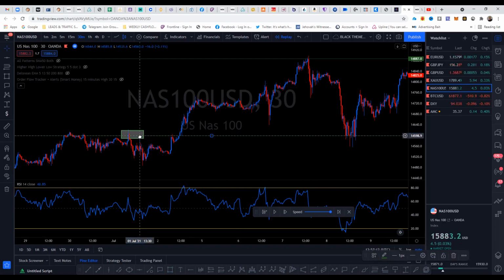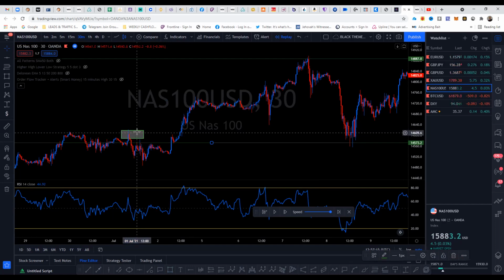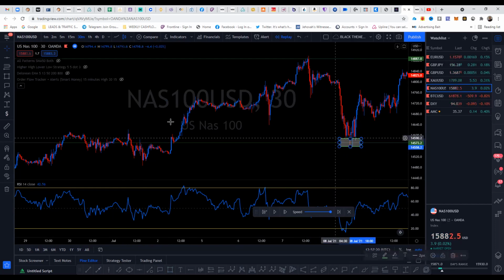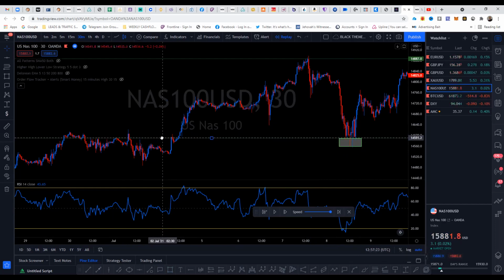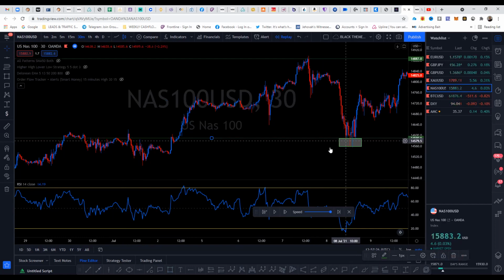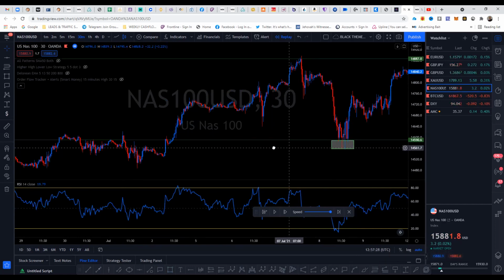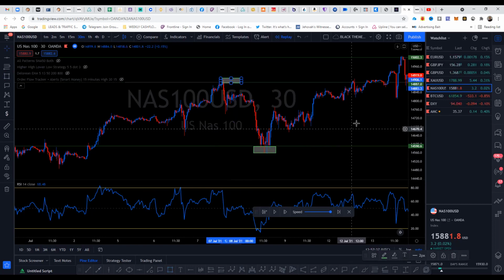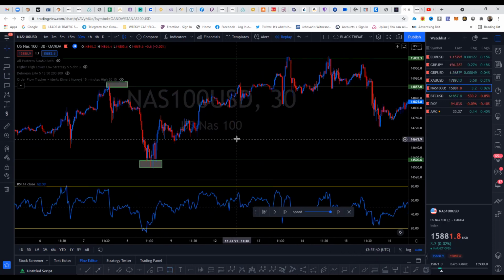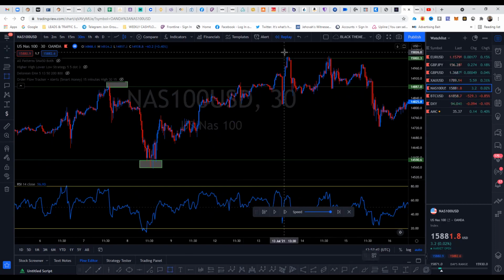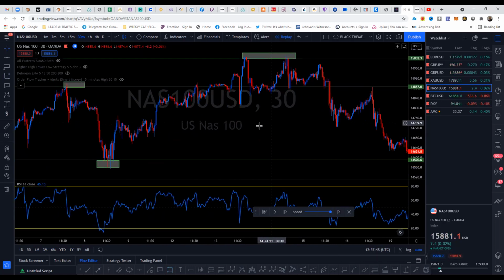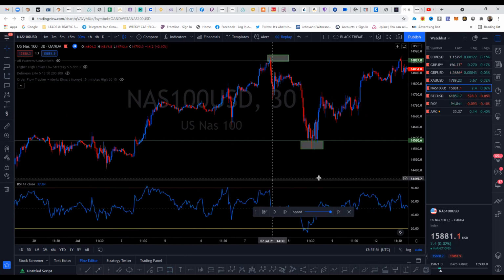Hard time moving this daggone thing. Do this here. There you go. Trying to move it right here. All right, so I'm going to put one there. Boom, right there. Right there. All right, so now we're going to change the coordinates to all these zones.